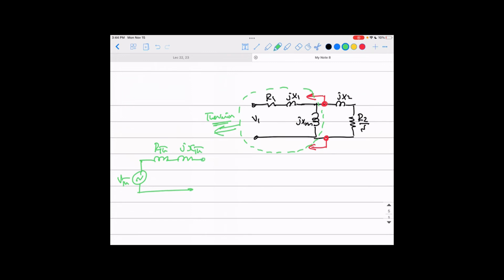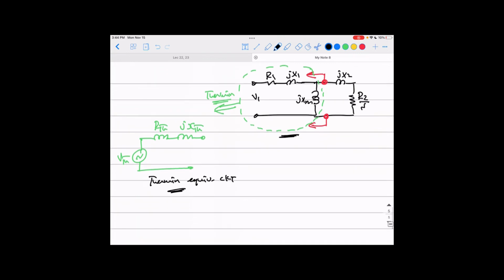So we need to find the equivalent of this part and replace it with the Thevenin equivalent circuit to simplify our calculation.